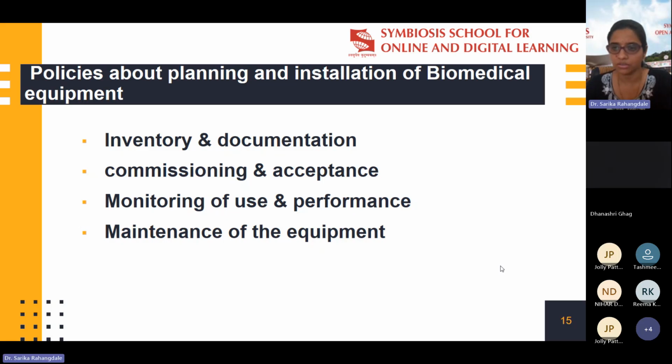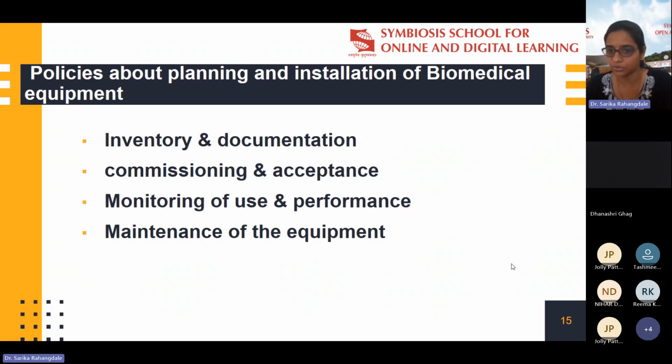Commissioning means the competent authority should ensure that installation and commissioning of the equipment is done by the manufacturer and supplier. The process should be monitored by the in-house technical staff. The installation will be done in front of the technical person of that particular hospital. He has to be there throughout the installation process because he is the person who is going to work on that particular equipment.